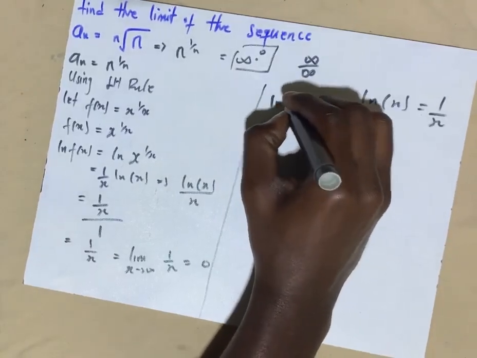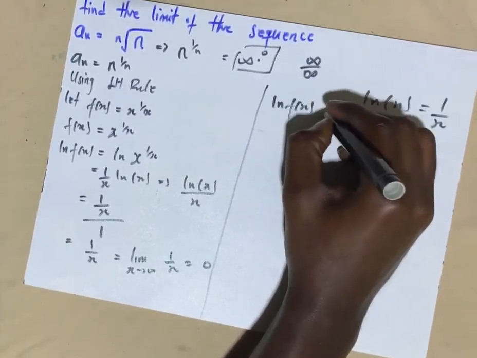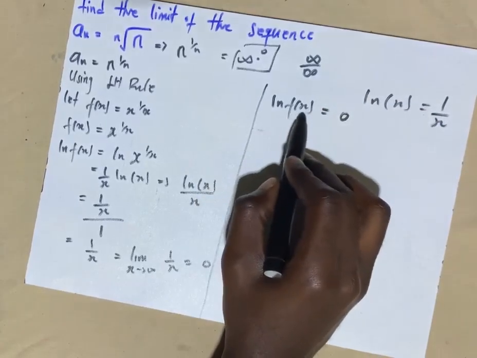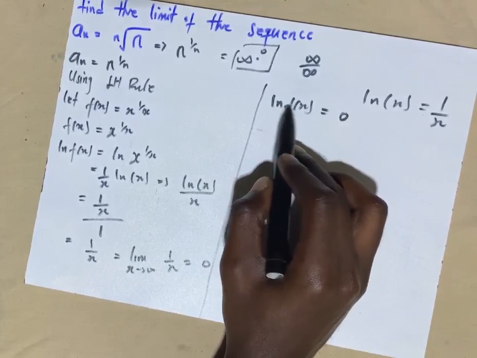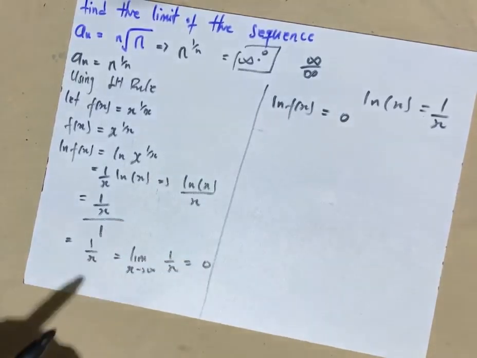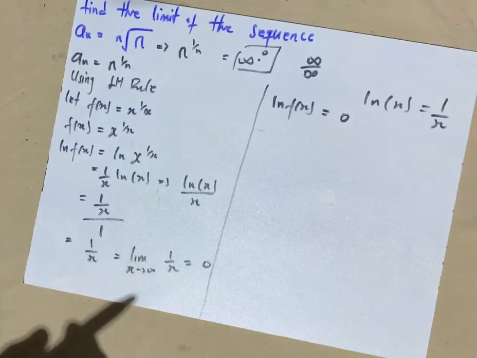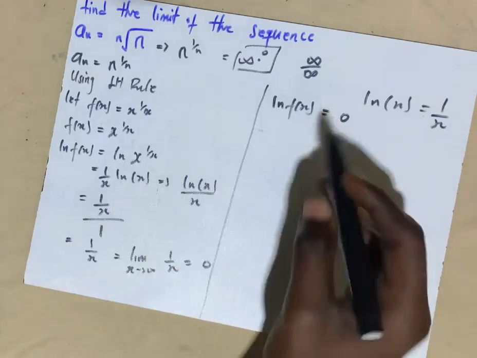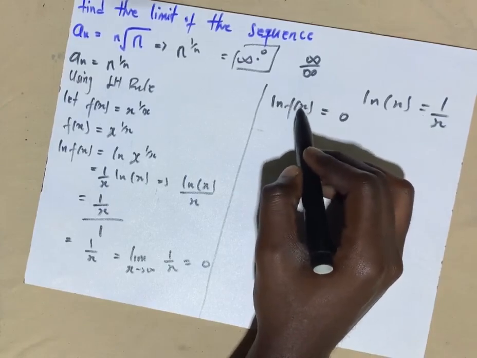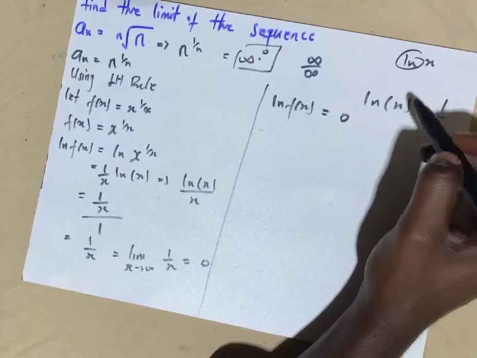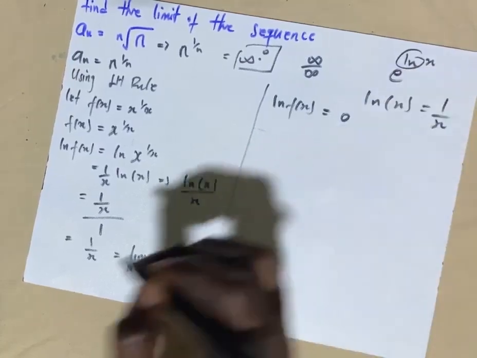Because you have ln of the function which is equal to 0. Now you are trying to find the function; we are not trying to find the ln of this function. Some students forget and always leave their answer as 0, which might result in a very big problem. We are looking for only f of x. If you have the ln of something and you want to cancel out this ln, you raise it to the power e.